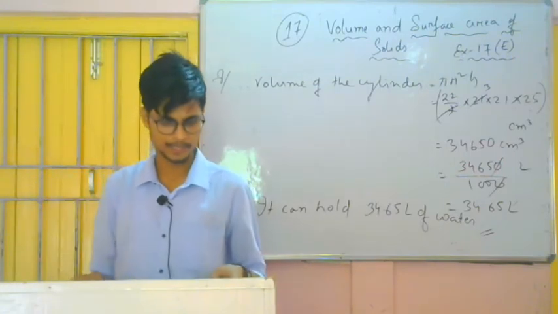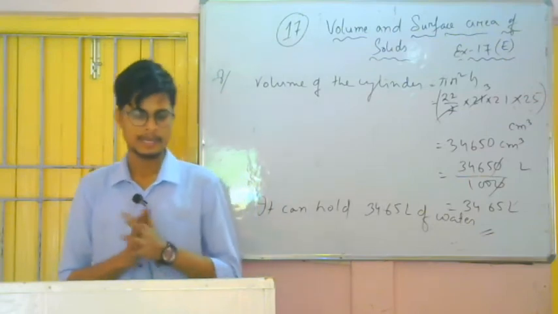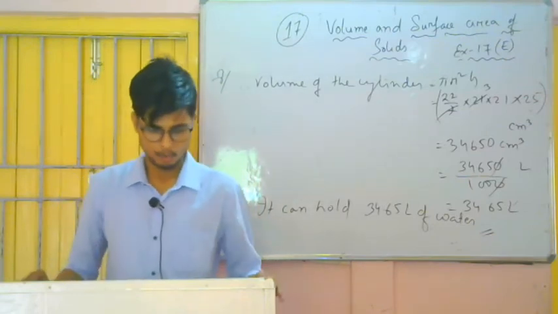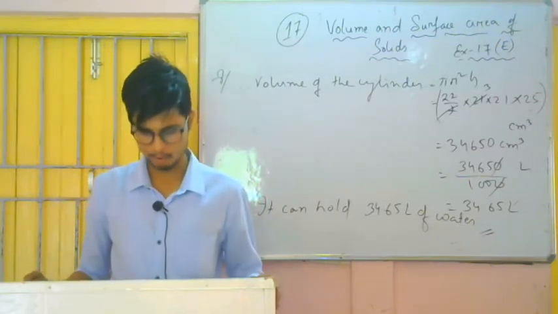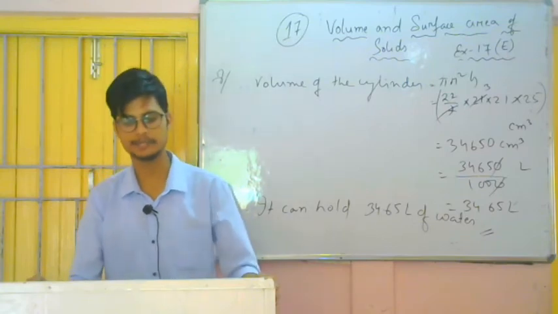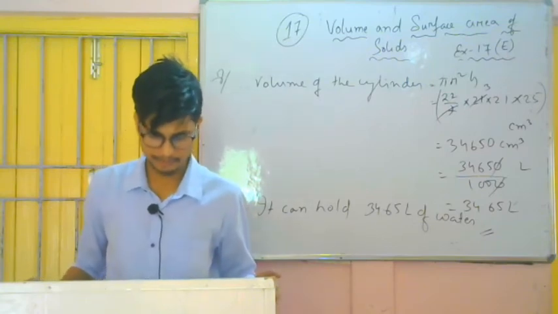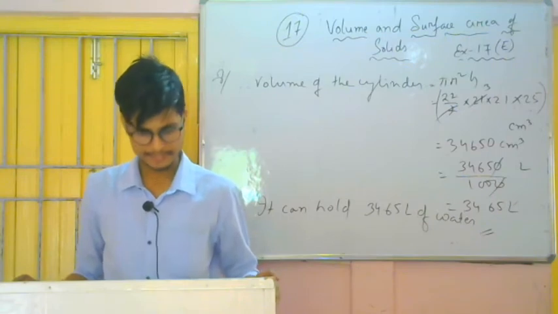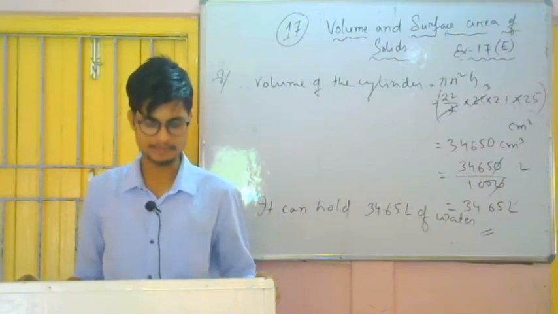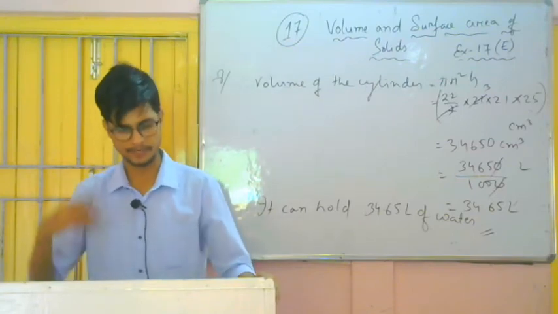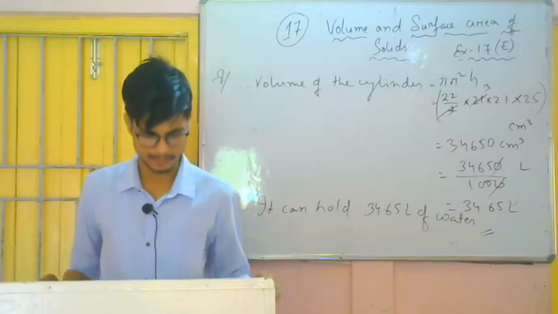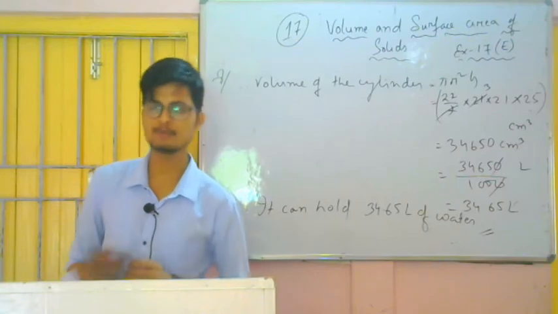Now question number 9. A hollow cylindrical tube open at both ends is made of iron 3 cm thick. If the external diameter is 56 cm and the length of the tube is 182 cm, find the number of cubic centimeter in it.